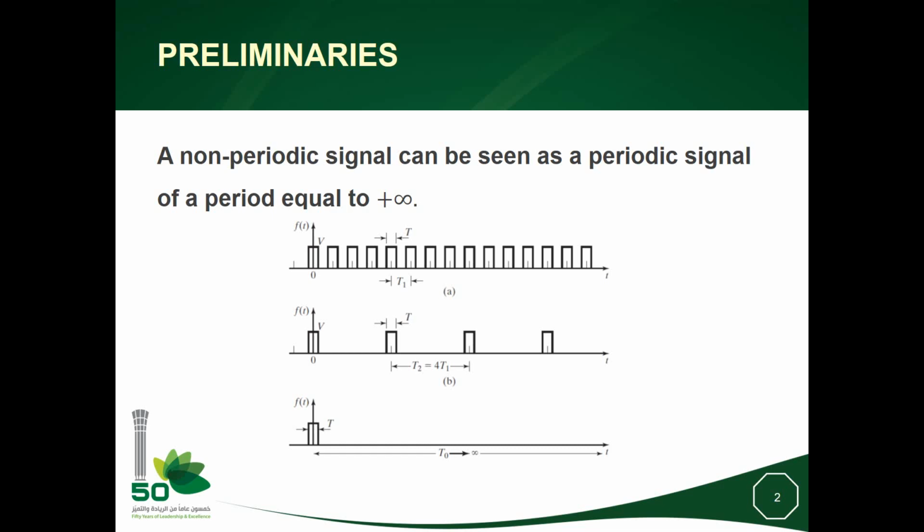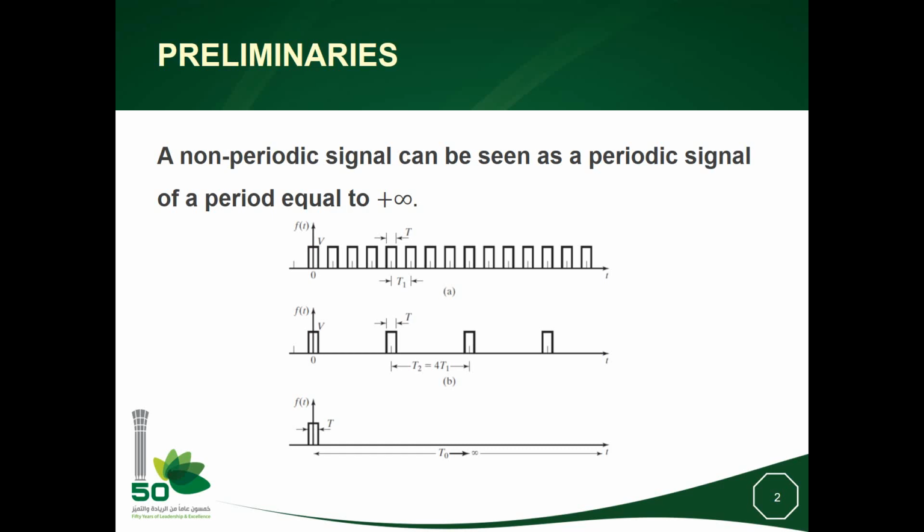In subplot B, we see the same function f(t), but with a period which is greater than the first period T1, and T2 is shown to be 4 times T1. In the third subplot, we see that T0, the period of the function, is extended to plus infinity.